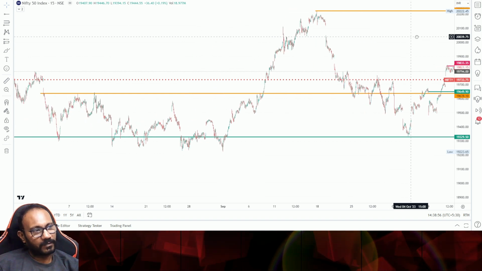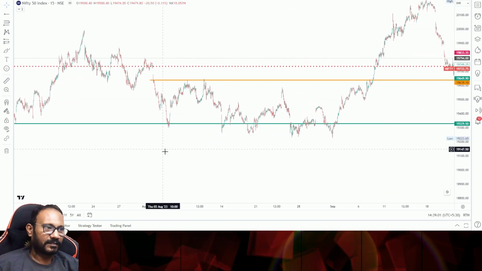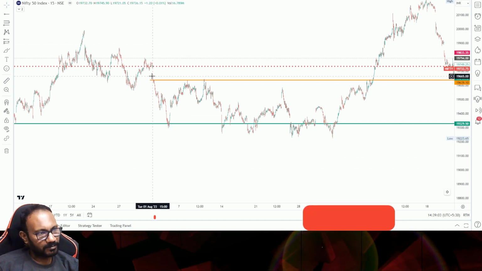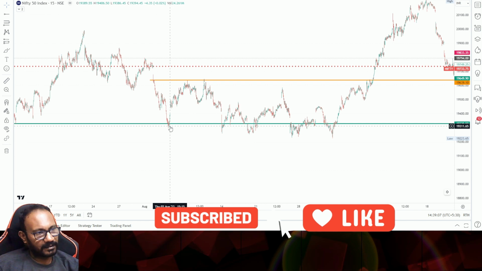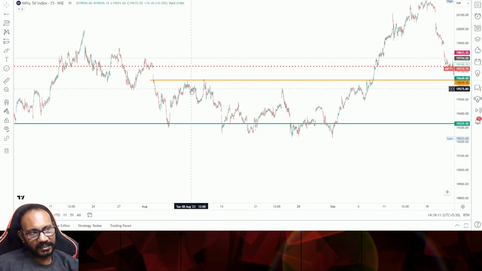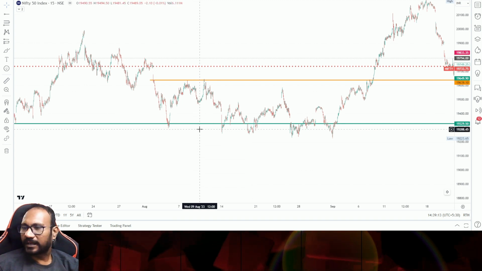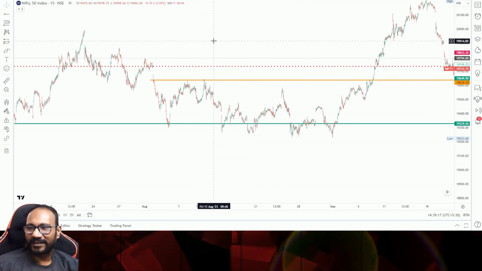So first, what is a retest? Retest is, for example, the market goes up and gets rejected. Once it gets rejected, the market will not come straight down. It will try to make one more attempt to break it and then go higher, right?